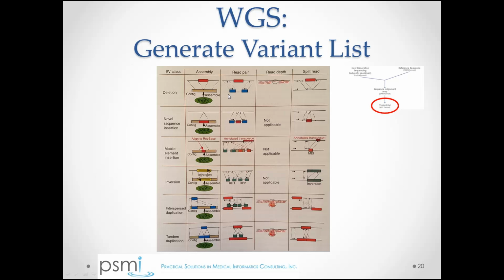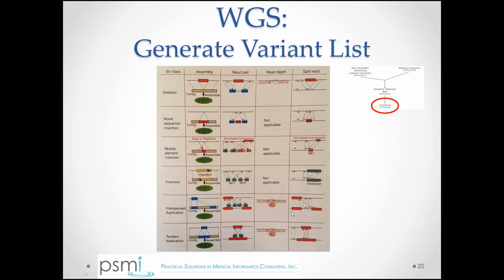If you start reading this particular fragment from left to right, and it aligns with one portion of the reference DNA, but when you read it in the other direction, it aligns with a different portion of the DNA that's a lot farther away than it is in the fragment, you can infer that there was a deletion.